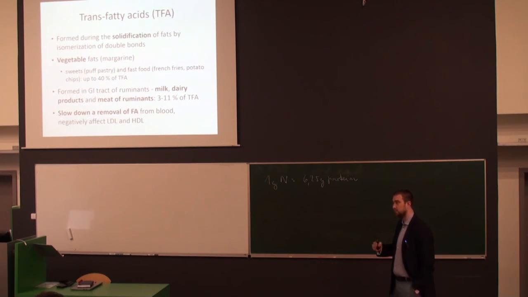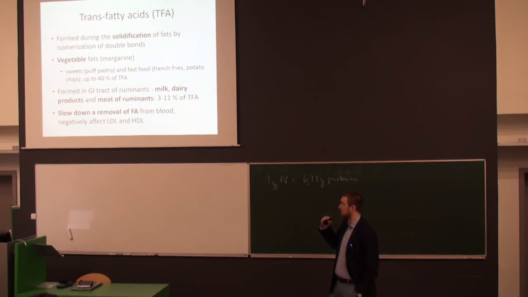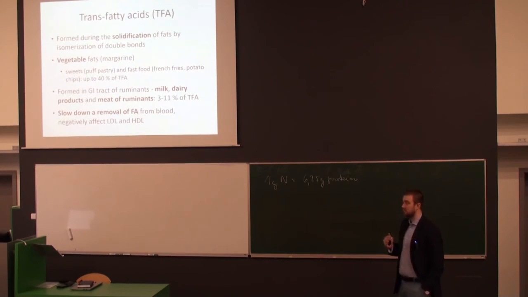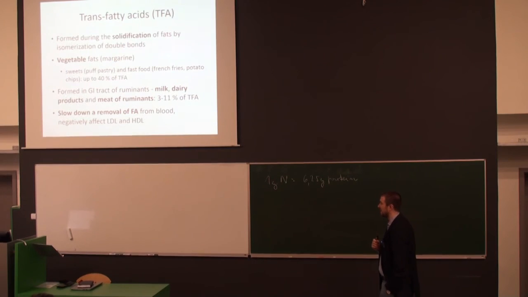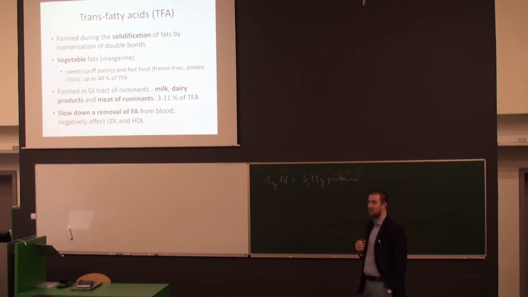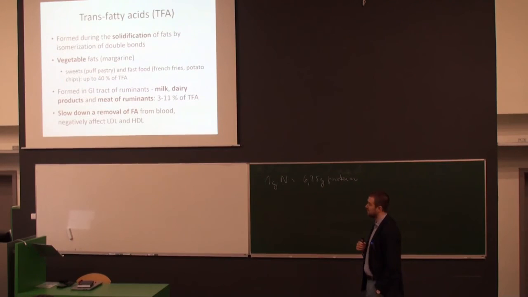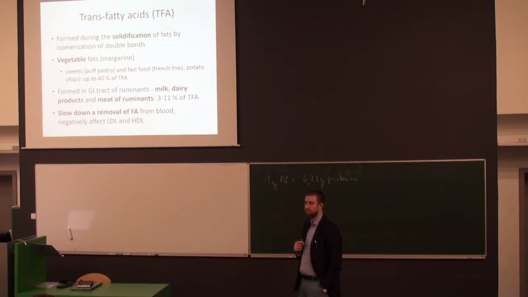But nowadays the process is different, and in the EU there should be below 1%. Unfortunately, you still cannot prevent fast food from frying things at very, very high temperatures. So if you eat some tasty fast food, French fries, potato chips, and all other things, you can be sure that sometimes there can be more trans fat than you would like to have.